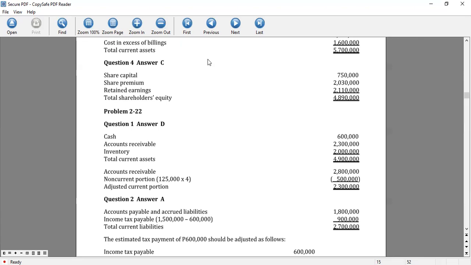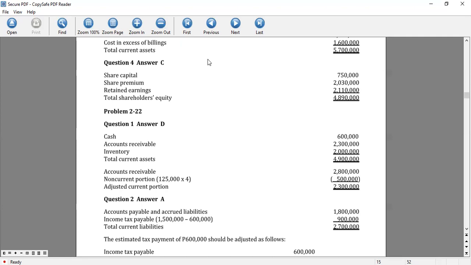During the year, estimated tax payment of 600,000 was charged to income tax expense. The income tax rate is 30%. So, how much total current assets? We have cash, accounts receivable, inventory is only 2 million.